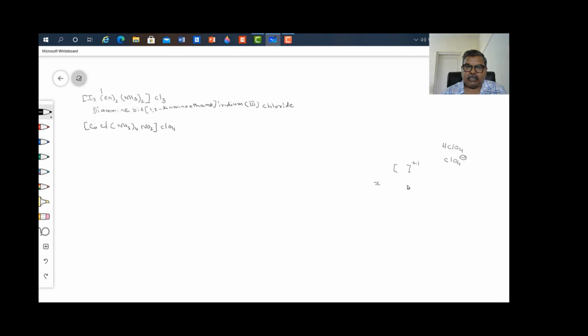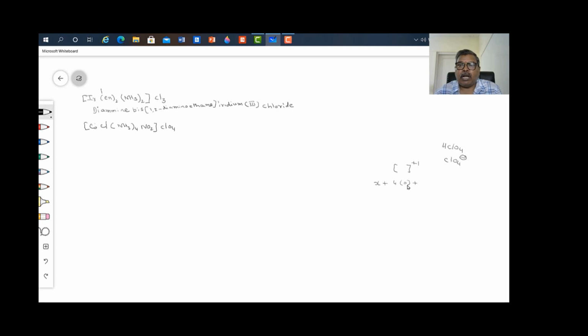The cobalt oxidation state, let us suppose, is x, plus 4 ammonia ligands. They are neutral ligands, and NO2 is an ambidentate ligand, nitrite ion, NO2 minus ion. So it is not written as ONO, it is written as NO2.